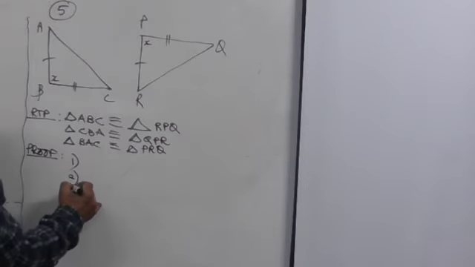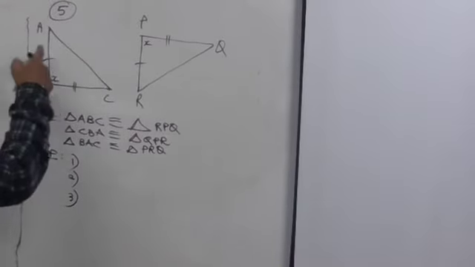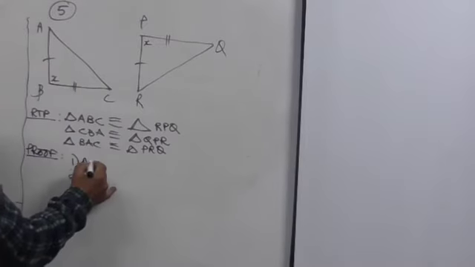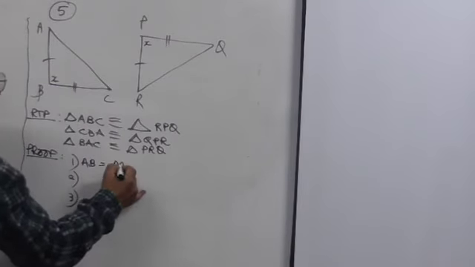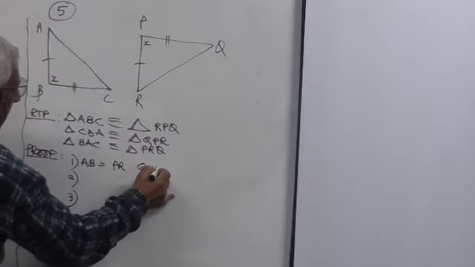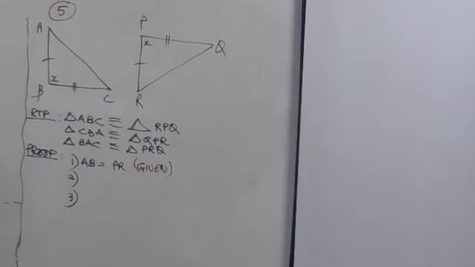1, 2, 3. So AB is equal to PR. Remember, in all examples it won't be given, just in these examples everything is given.